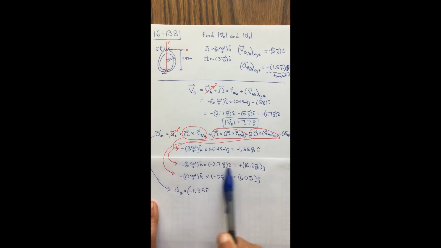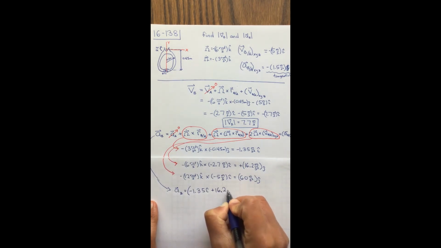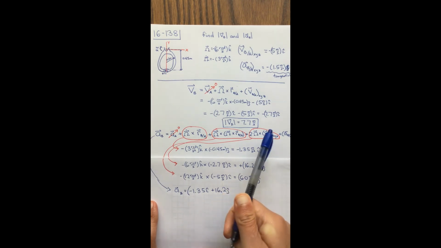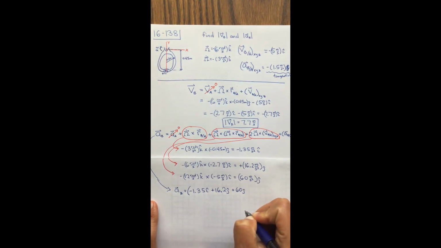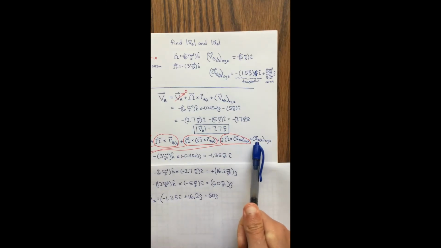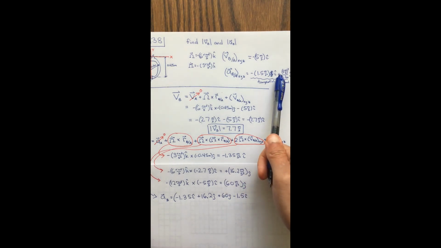For the second term here, that's plus 16.2 J hat. This third term here is 60 J hat. Then I have to add the relative acceleration, which is negative 1.5 in the I hat direction. So minus 1.5 I hat plus 5 squared divided by 0.2.